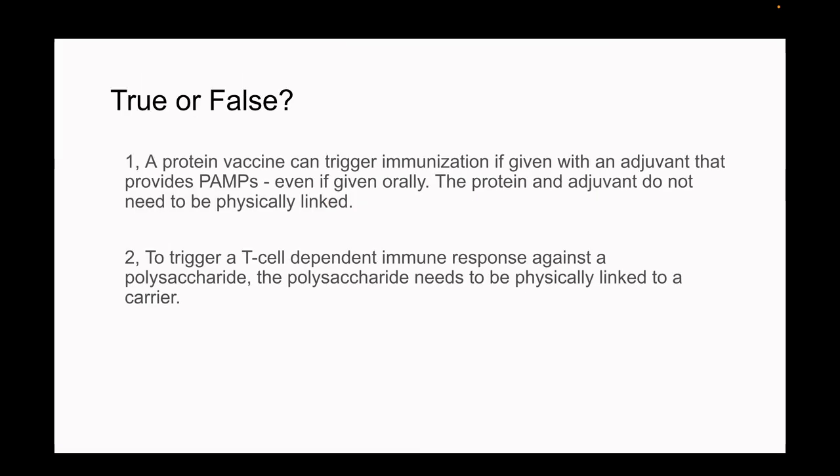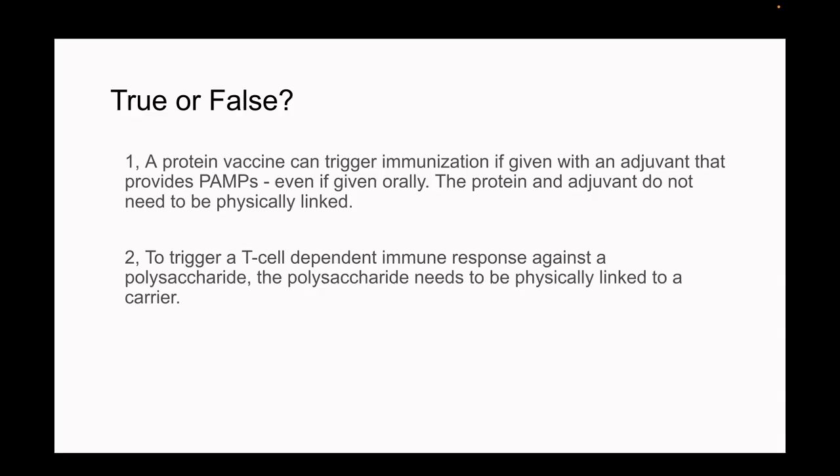Before we wrap up, I have two questions for you that you can think about to see what you have taken from all of this. Both of them are actually statements, and you just say, are they true or are they false, and try to explain why. The first one is, a protein vaccine can trigger immunization if given with an adjuvant that provides PAMPs, even if given orally.